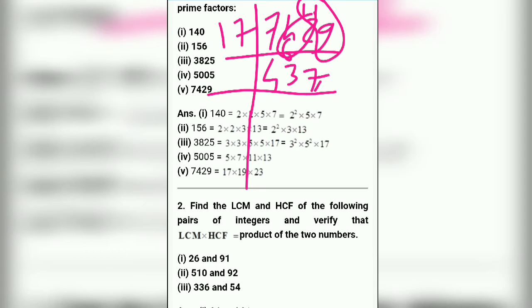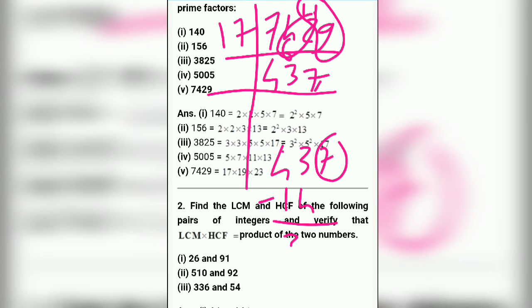Then if we check it for the 7, then what we need to do, we need to double our unit digit. That means this 7. Okay, 7 multiply 2, 14. We need to subtract here. 43 minus 14, it's 29, right? 29 is not divisible by 7, so this number is not divisible by 7 even.